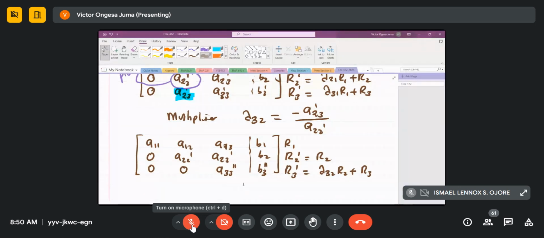Yes, to me it satisfies. Yeah, it satisfies because if you check, it meets all the definitions. Because first of all, it checks if there are 0 rows, then it puts them at the bottom. There are no 0 rows. And then two, if you compare any two subsequent rows, the first non-zero element of the row above is to the left of the one below.